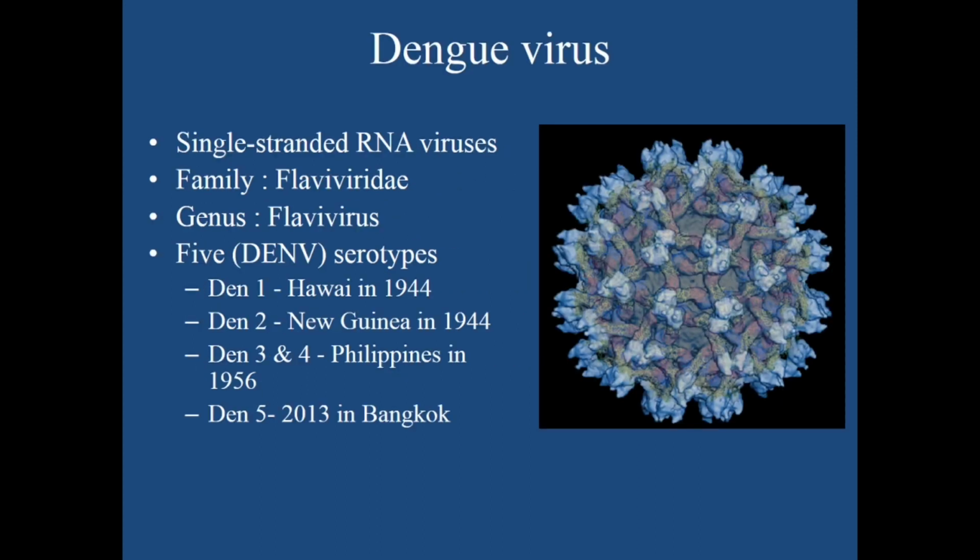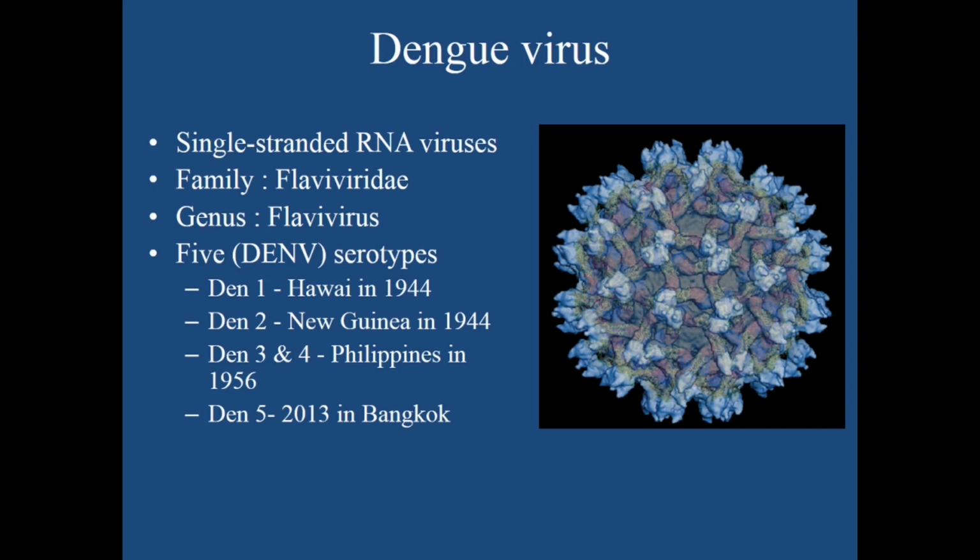So coming to the next virus, which is very, very important, that is the dengue virus. It is a single-stranded RNA virus. It belongs to the family Flaviviridae, and there are 5 serotypes of dengue: dengue 1, 2, 3, 4, and 5. Knowing these serotypes is very important because it contributes a lot to the pathogenesis of dengue hemorrhagic fever.